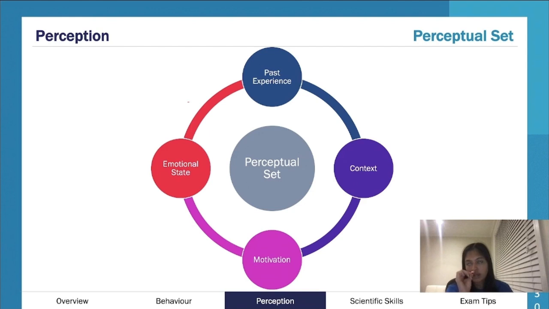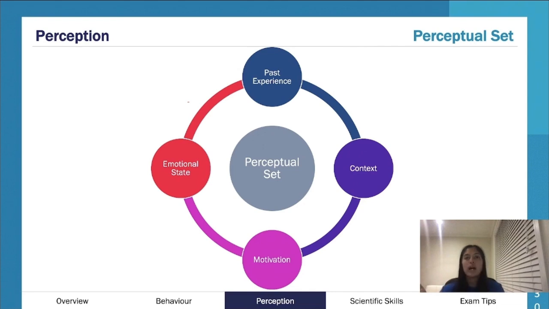It's kind of weird, but it's your feelings or a reason to interpret something. But you can see how all of these 4 things would really influence how you perceive something.